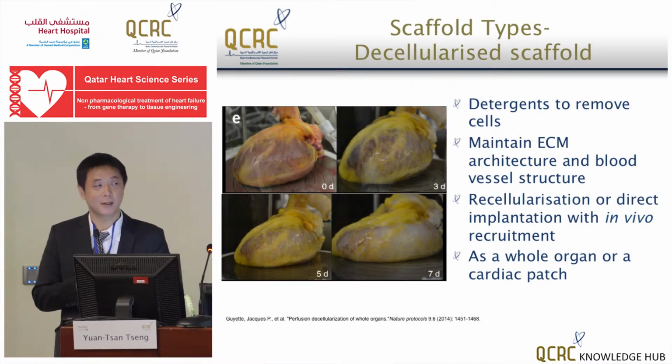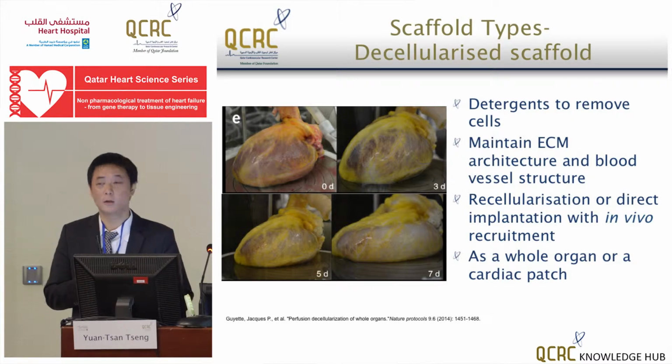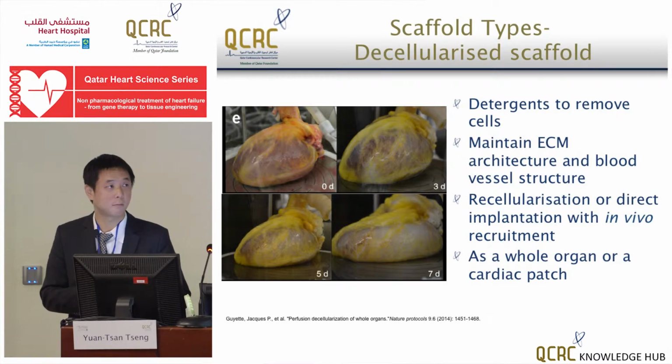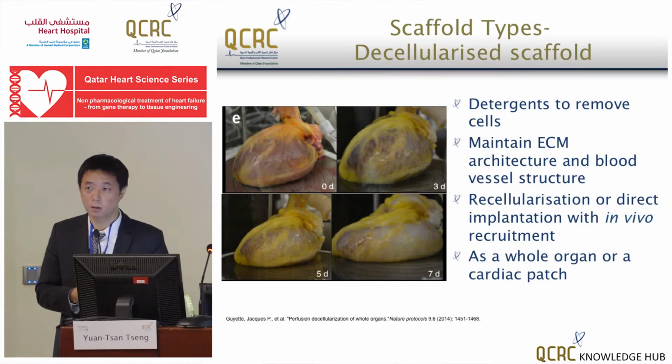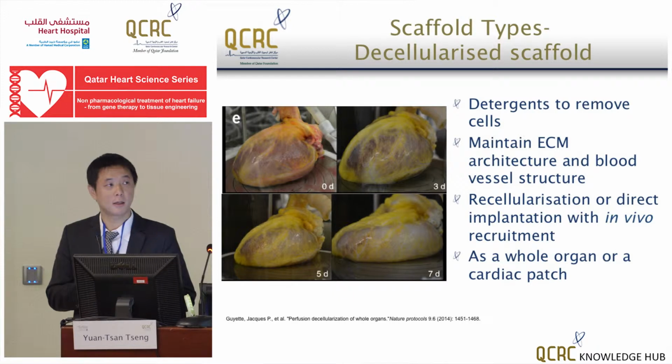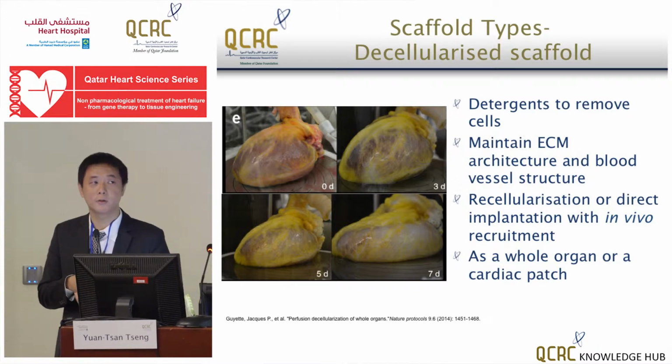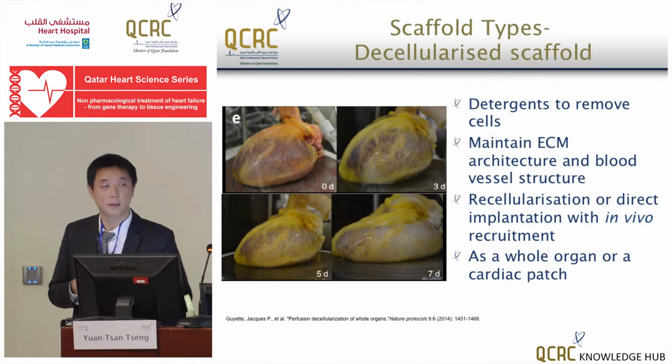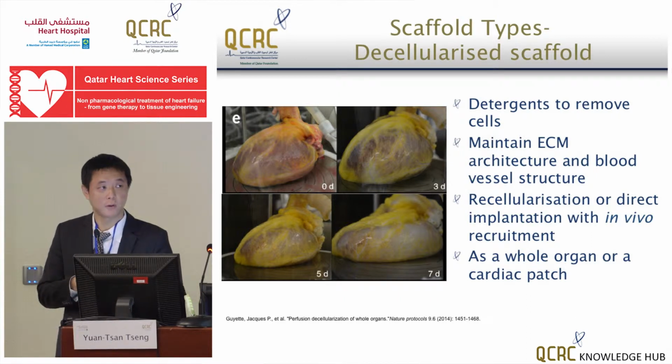But within that is a very good ECM architecture and all the blood vessel structures that circumvent some of the thickness problems and also provide all the right matrix. Application-wise, people will think of recellularization as the classical approach, or you can have direct implantation to involve recruitment.